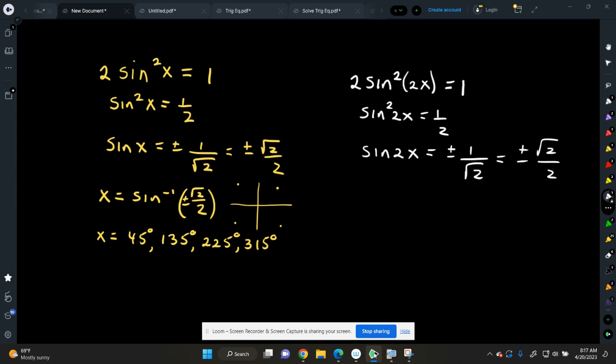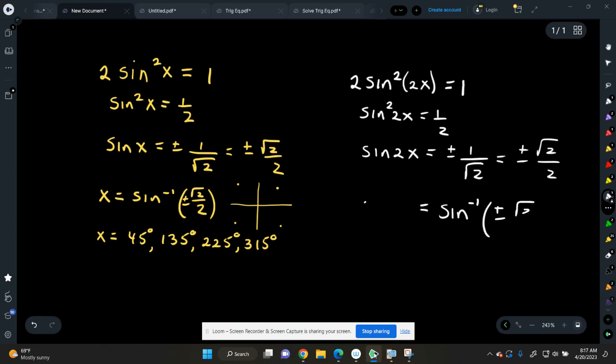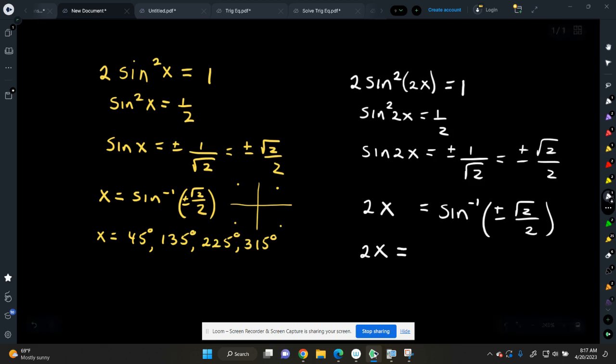So what we're going to do is take the inverse sine of both sides. And when I do that, on the left, instead of being left with x, I'm left with 2x. So now when I find the angles, instead of x equaling those angles, 2x is equal to those angles.